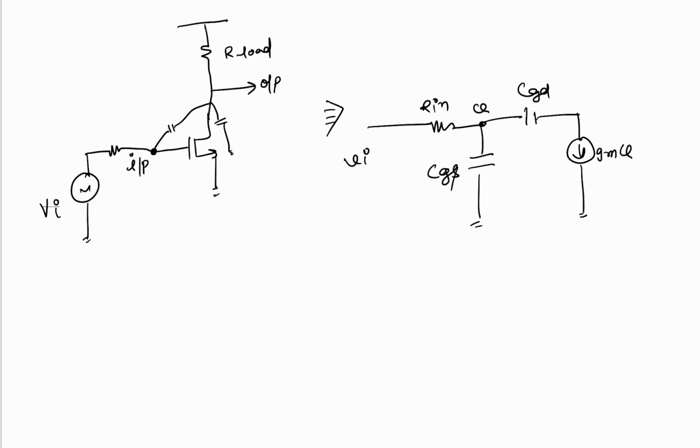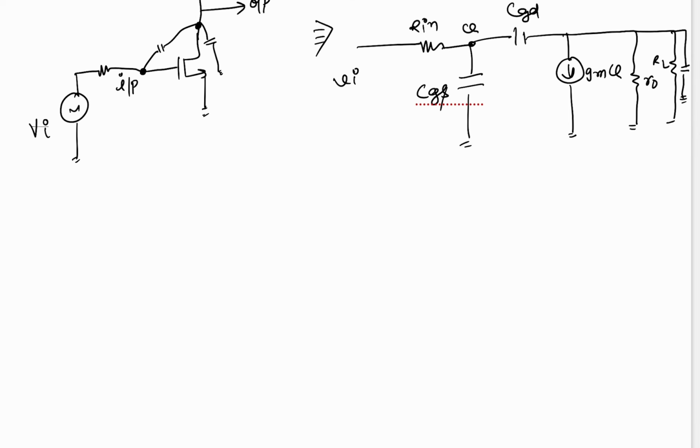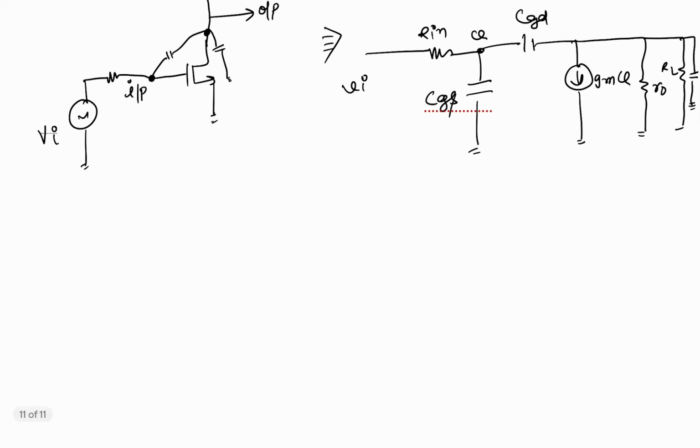We also have R naught, which is the output impedance of the MOSFET, the load resistance RL, and some cap, which is the equivalent cap of this node to ground. This is the equivalent circuit of the common source stage.